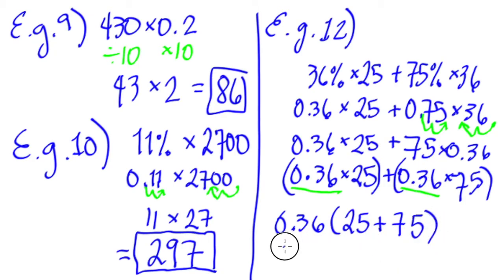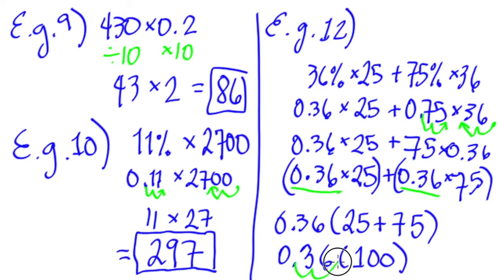Adding these numbers, it's very peculiar to see that it becomes 100. Though in the first part, how can we even tell that we can combine 25 and 75, since 75 is a percentage? As you can see, in the end we did add them, and that's 100. Then 100 times 0.36 is just moving the decimal point twice to the right, and that gives us the answer of 36.